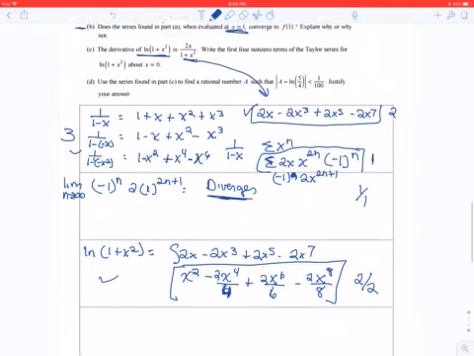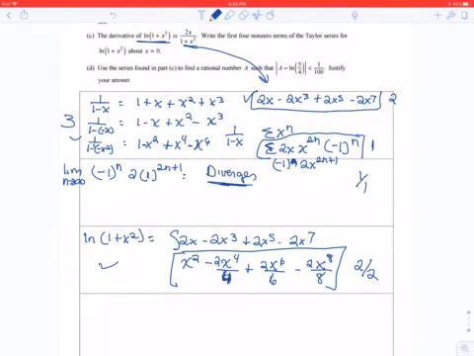Now, this series question did take a little bit of thought. Okay, so the first thing we had to recognize is that the natural log of 5/4, if that is my original function, then that's the natural log of 1 plus 1/2 squared. Okay? Because 1/2 squared is 1/4, and 1 plus 1/4 is 5/4.